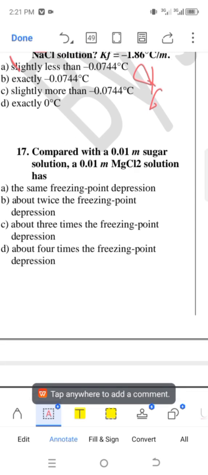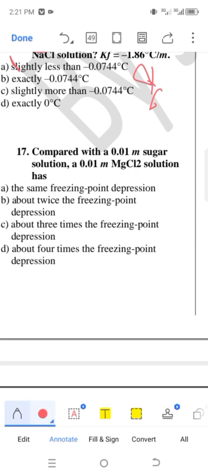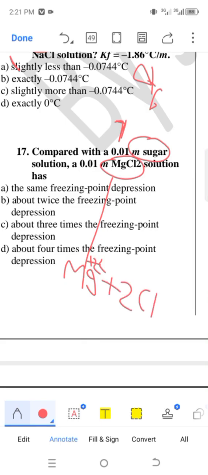Compare it with 0.01 molar sugar solution, 0.01 molar MgCl2 solution has. Guys, sugar is non-electrolyte, so the non-electrolytes do not form ions and their factor is 1. But the MgCl2 is an electrolyte and it produces 1 Mg2+ and 2 Cl-. So 1 plus 2, it produces 3 ions.